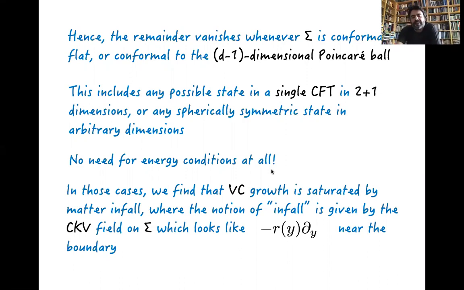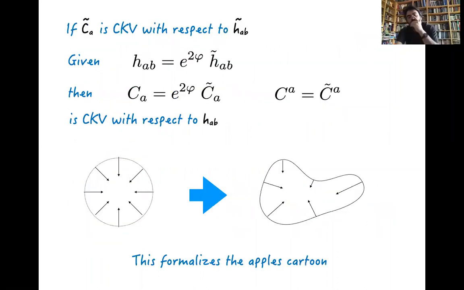So these are the cases where you can get rid of the remainder term. In those cases, you can always find C by a conformal transformation. For example, if you take the Poincaré ball, C is this very nice infalling field, which is very symmetric.